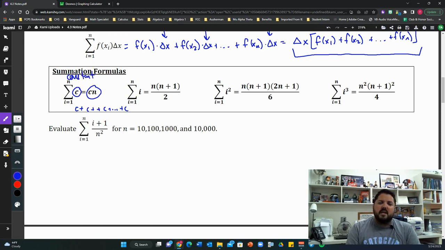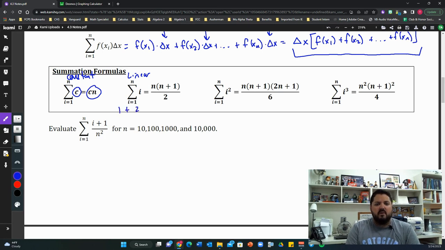If we had something like i, or really i to the first, this is the linear pattern, then all we have to do is follow this special formula: n times n plus 1 over 2. This formula comes from a mathematician who realized that when looking at an arithmetic sequence of terms, there's a way to fold that series on top of itself.